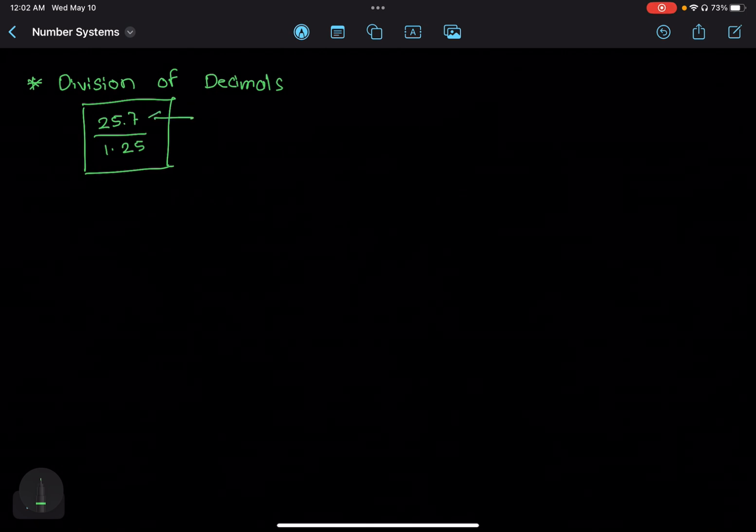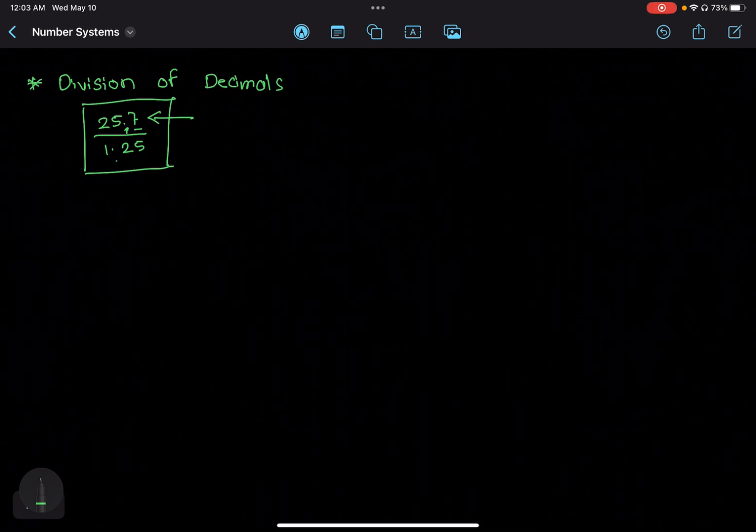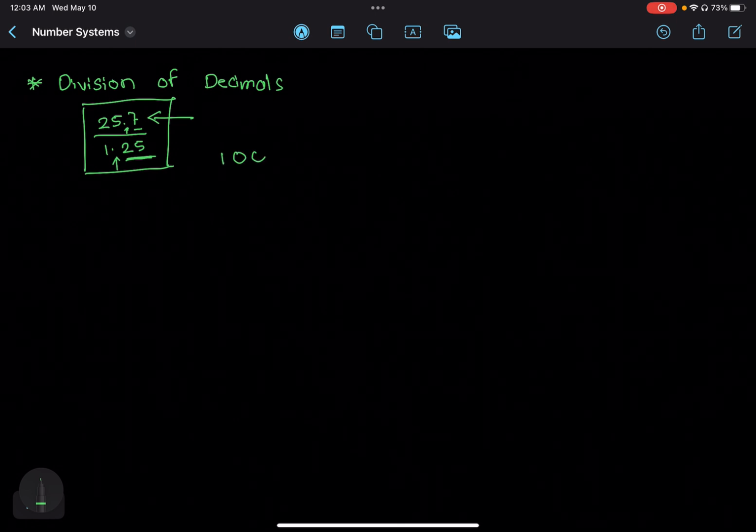On the numerator, I see there is a decimal point and one number after that. But on the denominator, after the decimal point, we have two numbers. So in that case, I will go with the larger count of numbers after the decimal point, and decide it should be multiplied by 100.